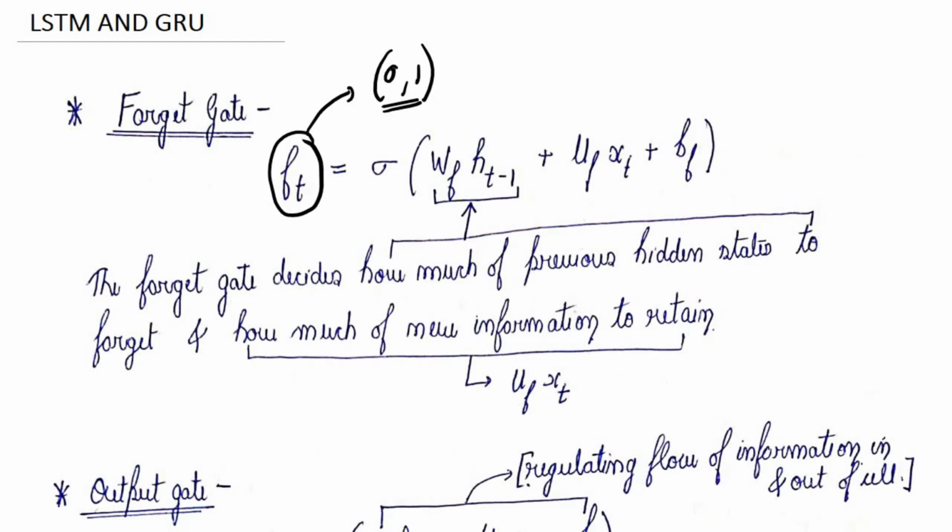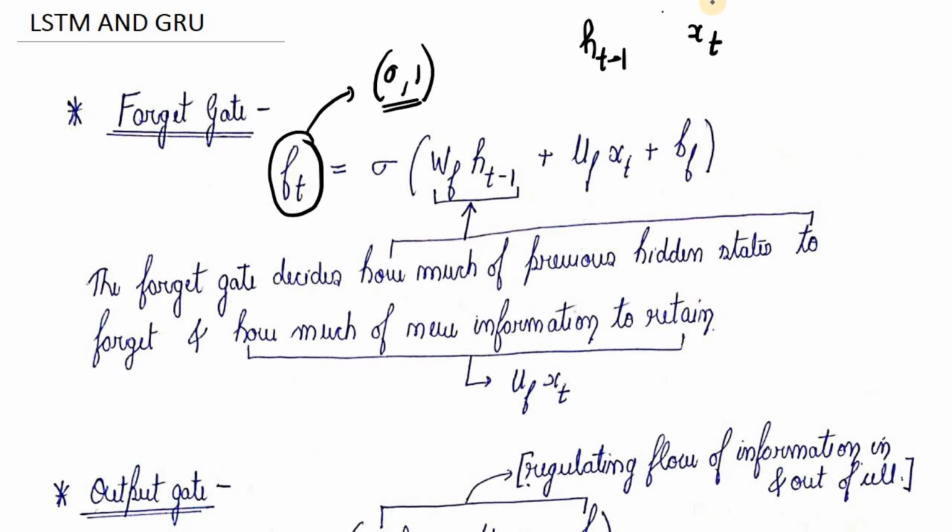So on doing so, we follow the usual way of writing the association between the networks, that at any point of time we have a state ht minus 1, which was written previously as st, but over here we use ht minus 1. St is used for something else. We have xt, which is the input at time t.